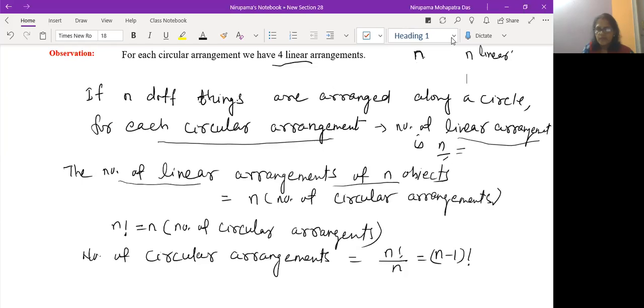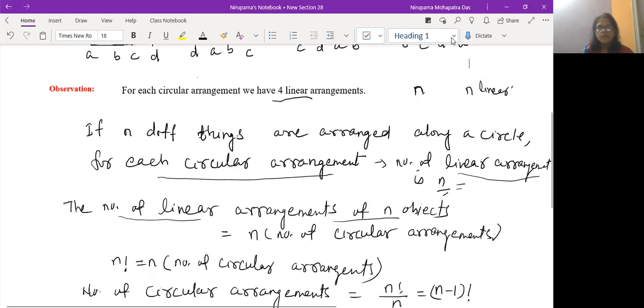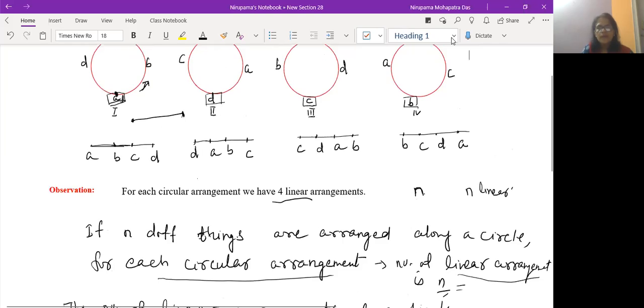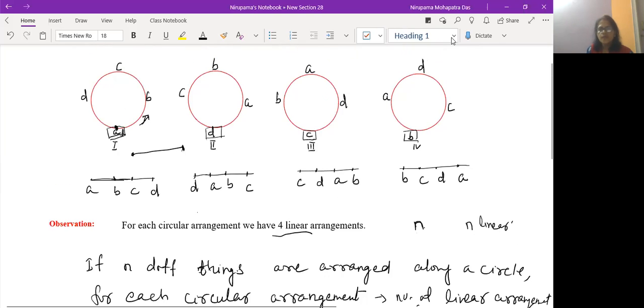So as I said, in case of circle, these 4 objects, if you keep one object fixed, suppose here you keep A fixed, so it means other 3 things can be arranged.